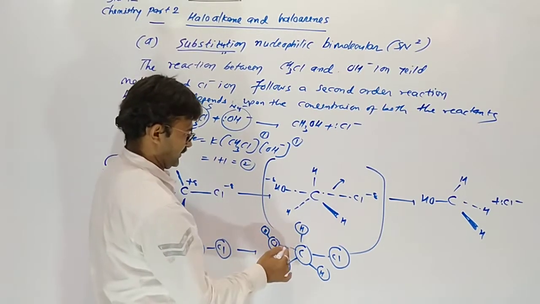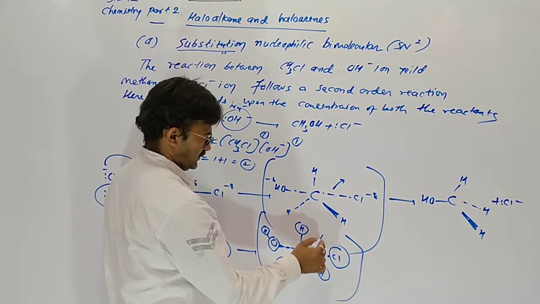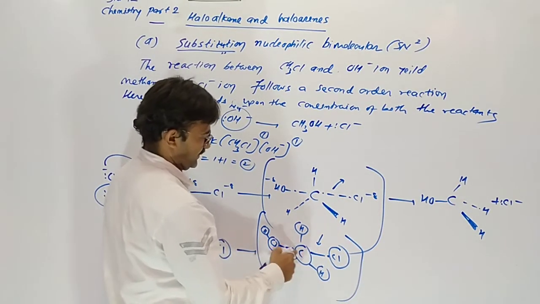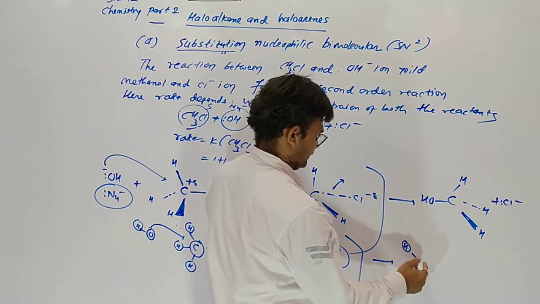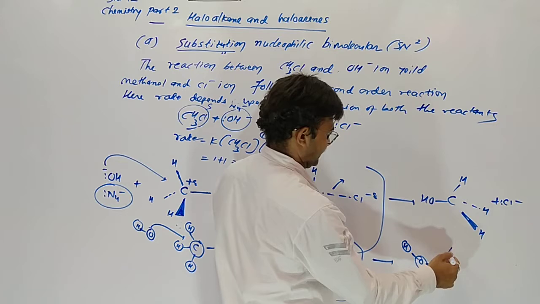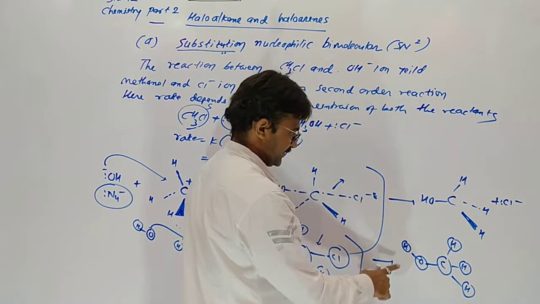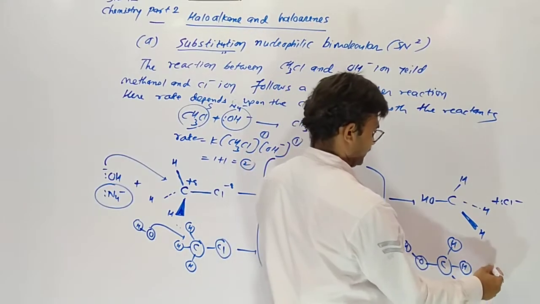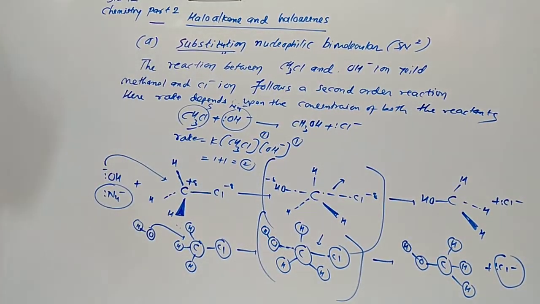This bond is not real yet; this is the starting of breaking, and this is the forming. Afterwards the side of the CH3 changes due to repulsion of the OH group and removal of Cl minus. This type of structure is given in the book.